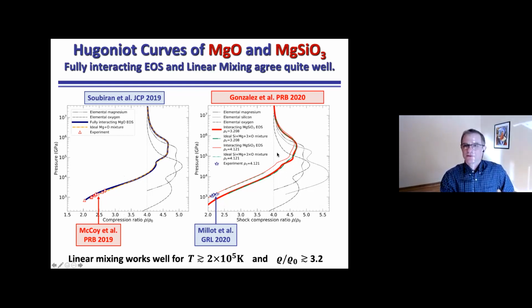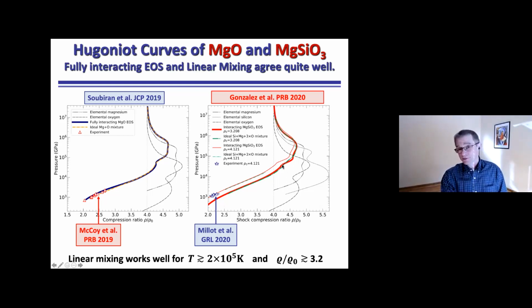And similarly here for MgSiO3, we have the chance to calculate these Hugoniot curves by just mixing the element abundances. There are small deviations here that relate to the ionization, and maybe they're real, or maybe they are the fact that the equation of state tables by themselves may not be perfect. That's still not fully out, but overall, it works remarkably.